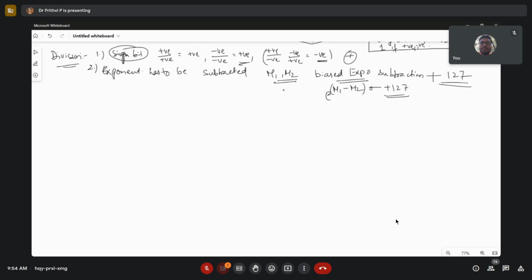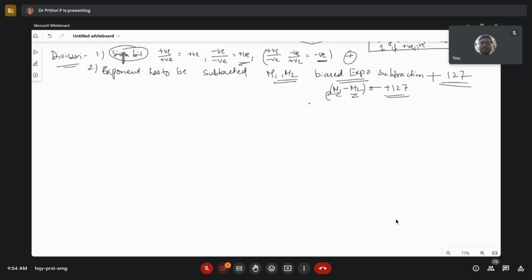Okay, and after adding that, whether there will be an overflow has to be checked, because we are adding something there. For multiplication, the check needed is underflow or overflow, both have to be checked in parallel. It depends on what values you are taking.